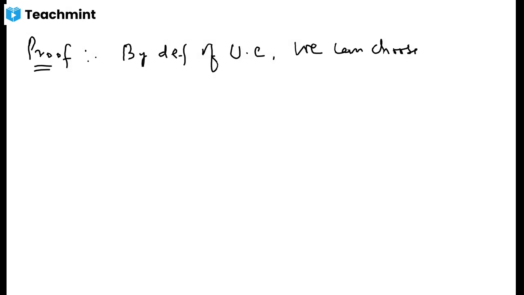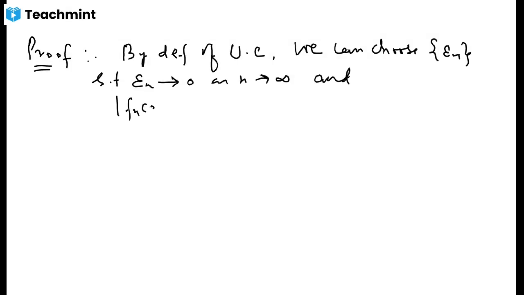What is given to us is that this sequence is uniformly convergent, so by the definition of uniform convergence, we can choose a sequence of positive numbers epsilon n such that epsilon n goes to 0 as n goes to infinity, and |f_n(z) minus f(z)| is less than or equal to epsilon n for all z in C. So this is the definition of uniform convergence. Since it is given to us, I just wrote the thing here.